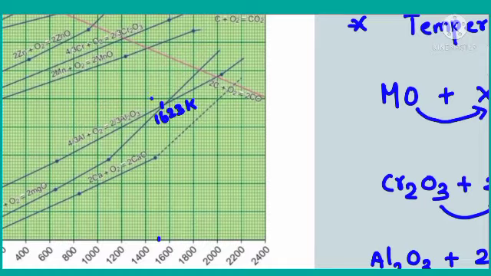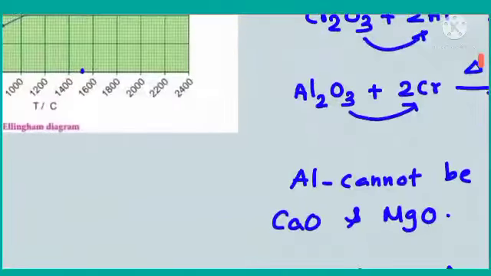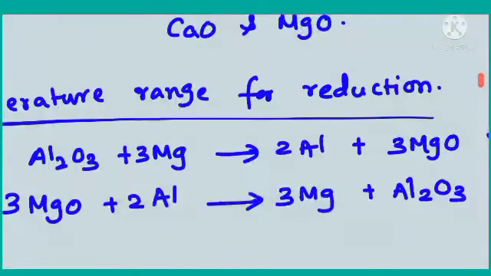Which means that below this temperature, that is below 1623 Kelvin, magnesium can be used as an effective reducing agent for reducing aluminum oxide. Okay, right. So now, we want to predict the temperature, isn't it, so that magnesium acts as a reducing agent.